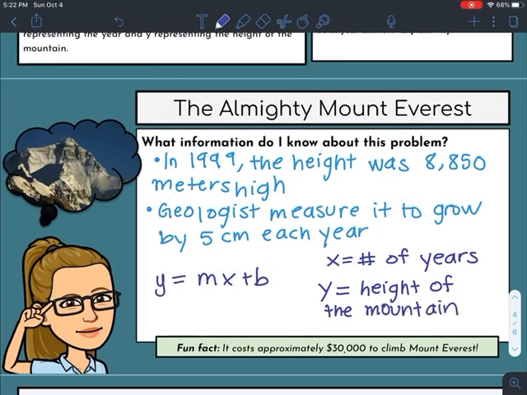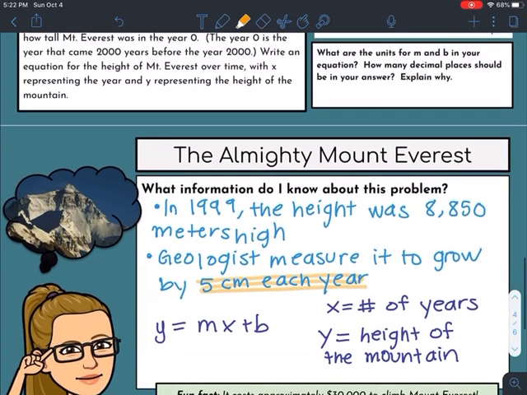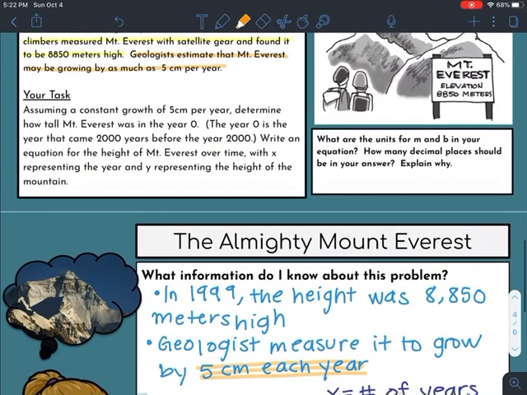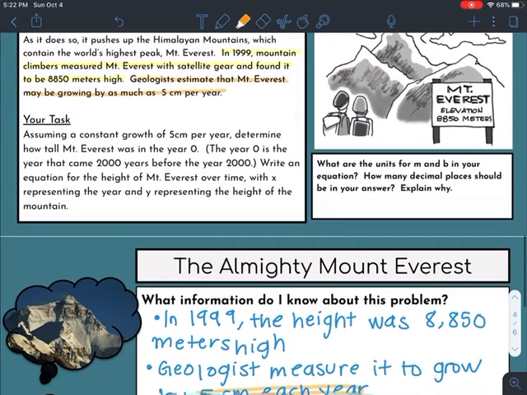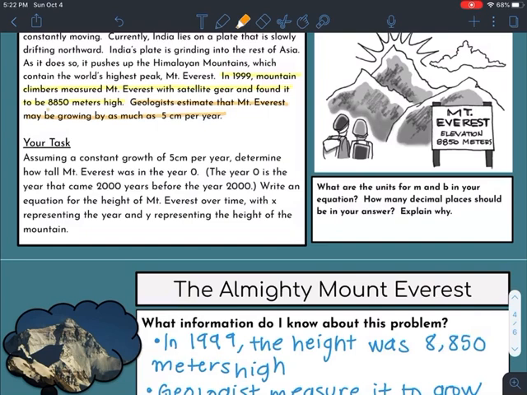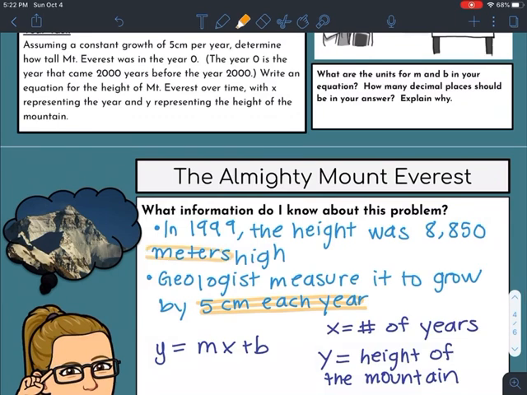Okay, so one thing I want you to observe in this problem is that we know that it's growing by 5 centimeters each year. Okay, but what they've told us is that it's 8,850 meters high. So they're talking about meters here.